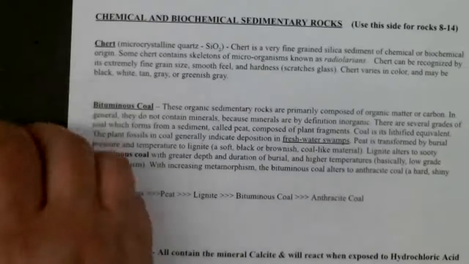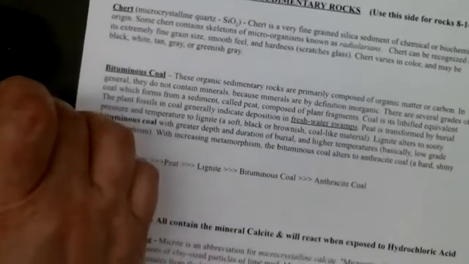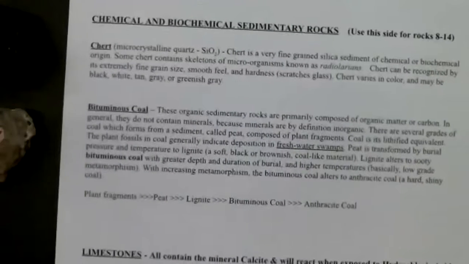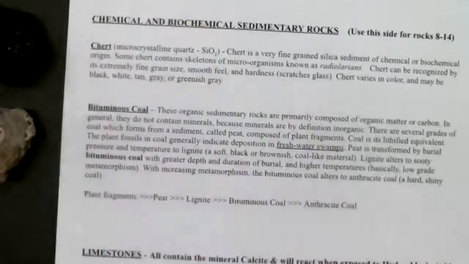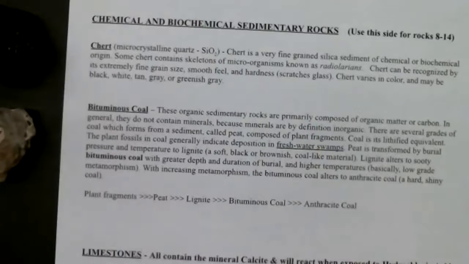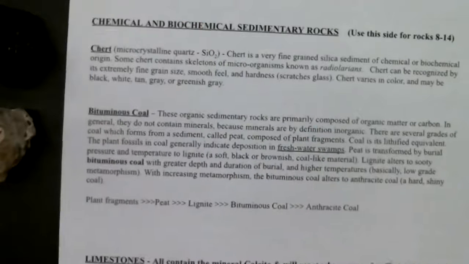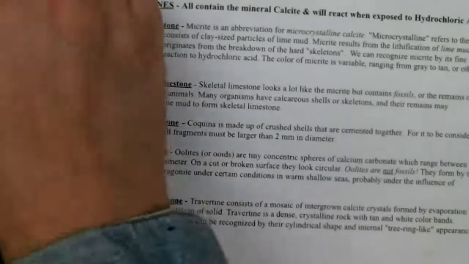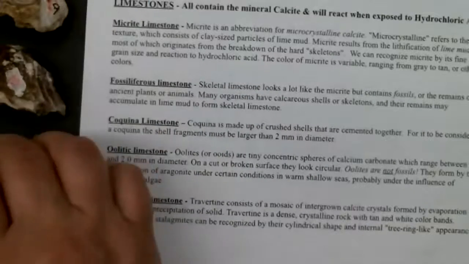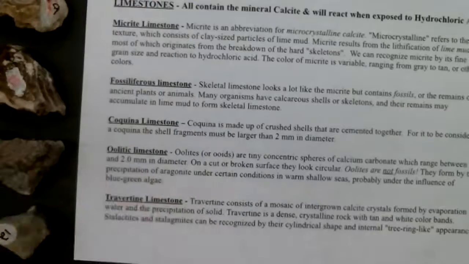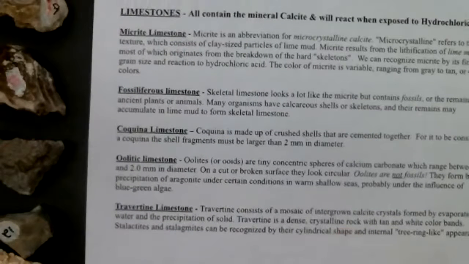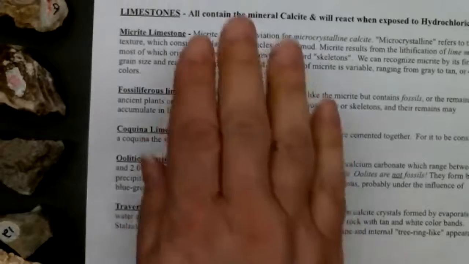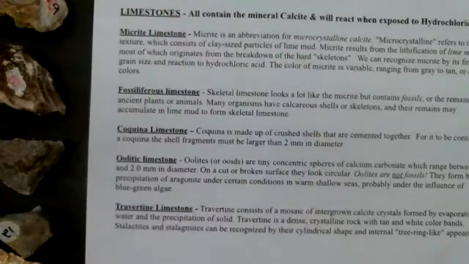Number 8 and number 14 are not limestone. They are either chert or bituminous coal. All of the others, 9, 10, 11, 12, and 13 are limestones. Okay, so you've got their descriptions and you know they're limestone. So they are named from those five.